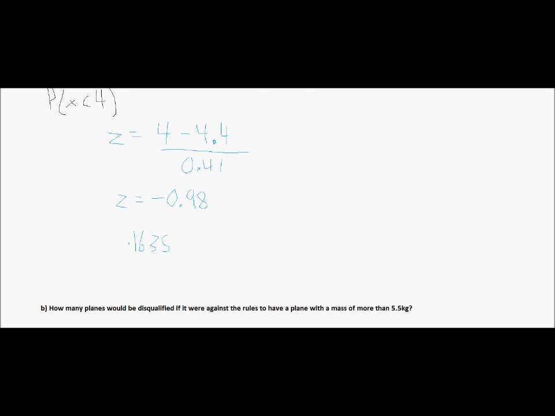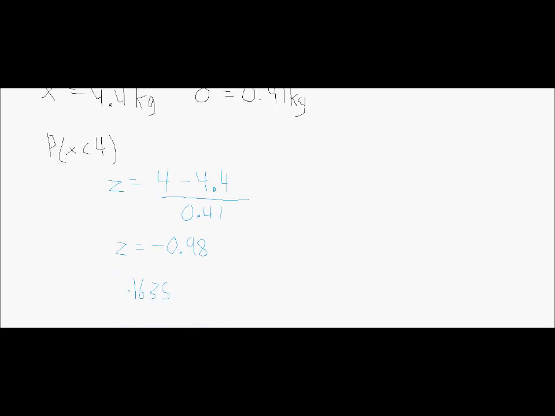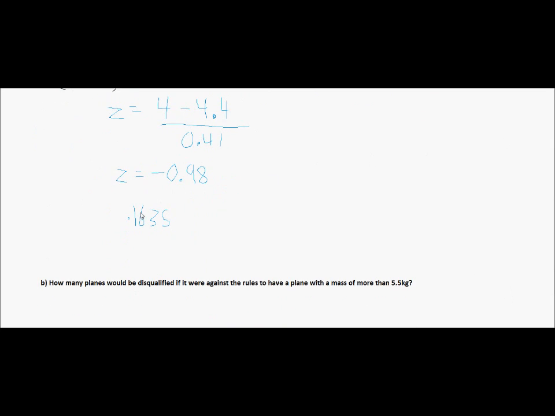Now this isn't your final answer yet, because if you go back up to the top, it says there's 75 model planes. Since there's 75, you have to multiply your z-score by 75, which gives you your answer of approximately 12.